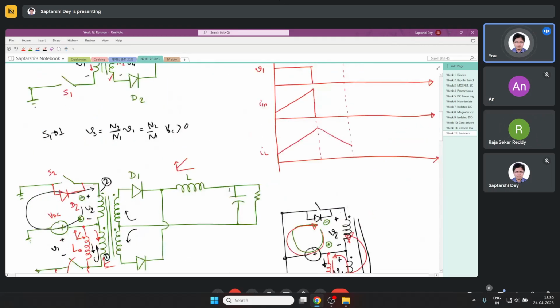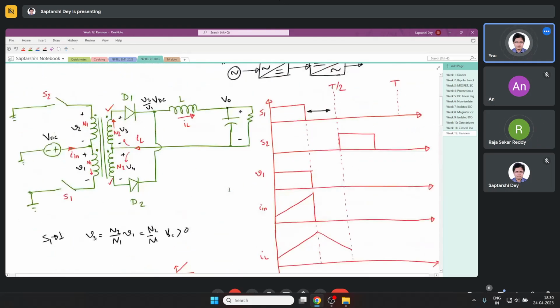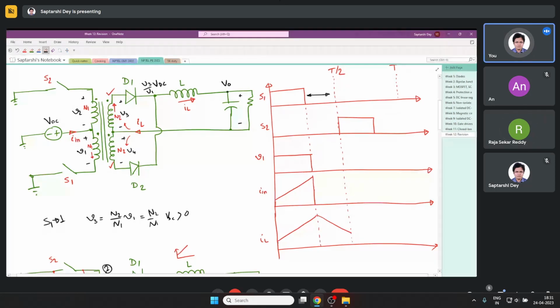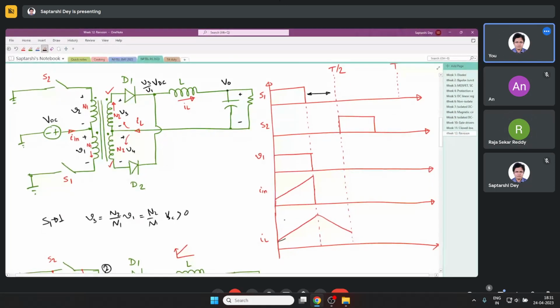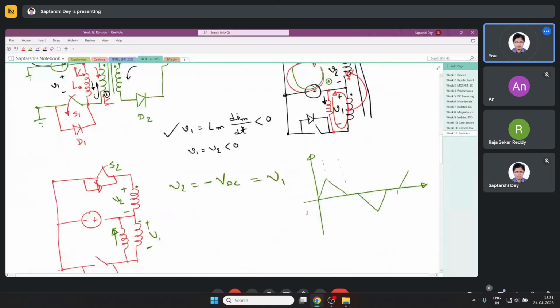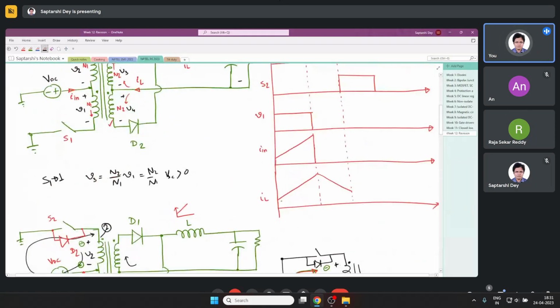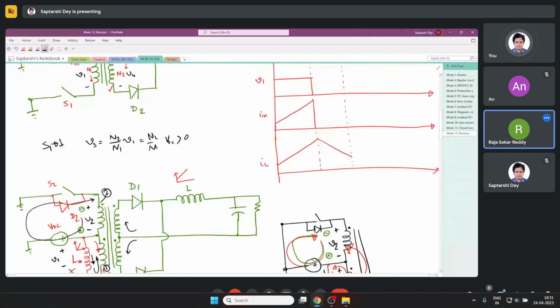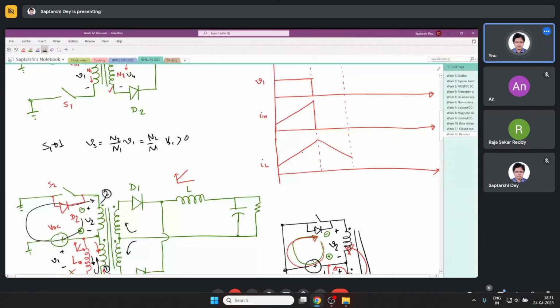And the diode current of this converter is also interesting. I hope you understood when we discussed. During this on time, it will follow the inductor current.